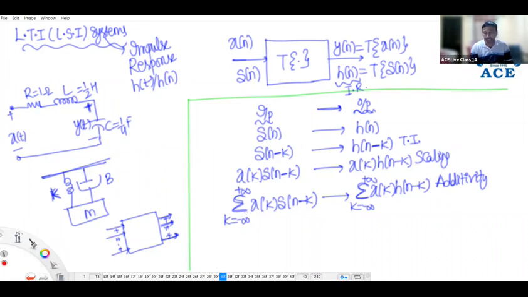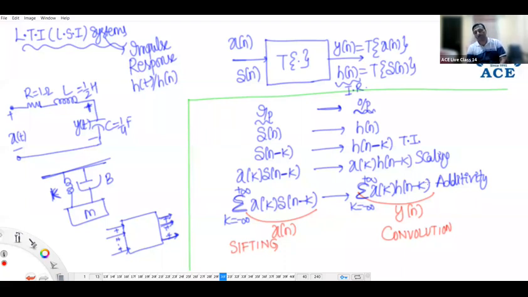The left side expression is the input expression, named the shifting property. The right side expression is the output, which is the definition of convolution. Left side is the shifting property, right side is convolution.